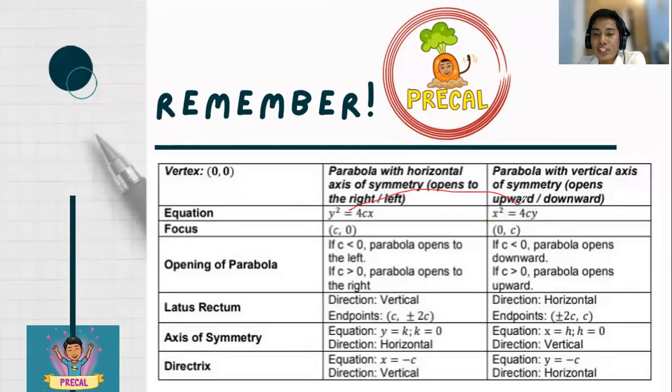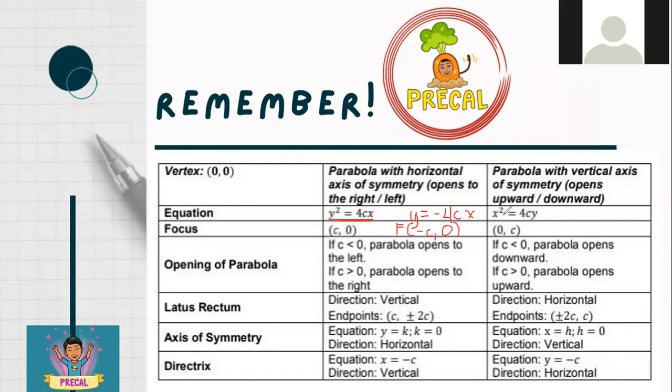So they just interchange. The standard equation is y squared is equal to 4cx, and the focus is at (c, 0). However, we also have another standard equation, which is y squared is equal to negative 4cx. If the formula is negative, then this parabola opens to the left, while the other parabola opens to the right. For the focus, it is located at (negative c, 0).